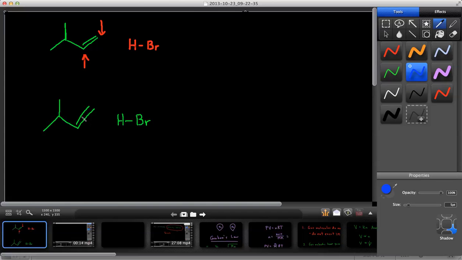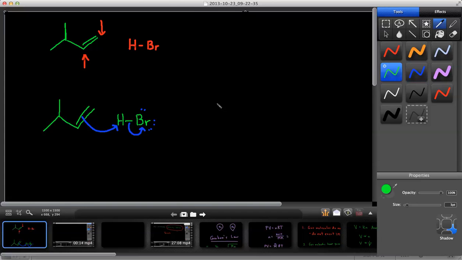So the first step of this mechanism, the pi electrons in the alkene will make a bond with the hydrogen, and the HBr bond will be broken, and those electrons will reside with bromine. Of course, there were already 3 lone pairs on bromine.